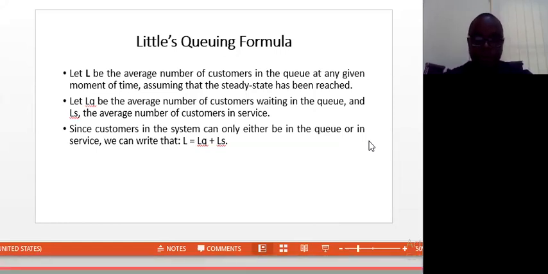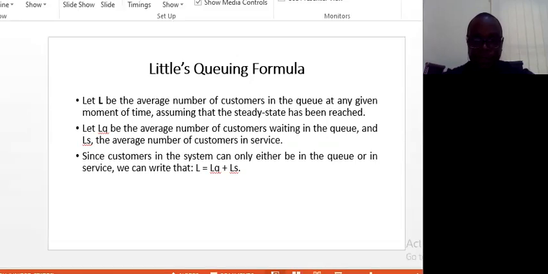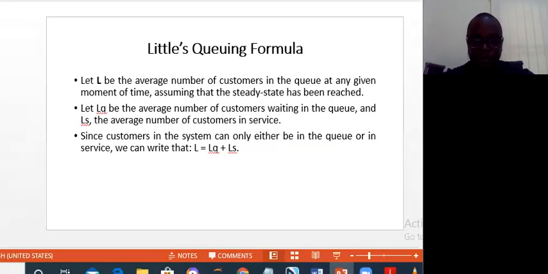So we look at the next thing here, Little's formula. Let me position this again so that we may look at it. Now, Little's formula. In many queues, it is useful to determine various waiting times and queue sizes for particular components of the system in order to make judgments about how the system should be run.